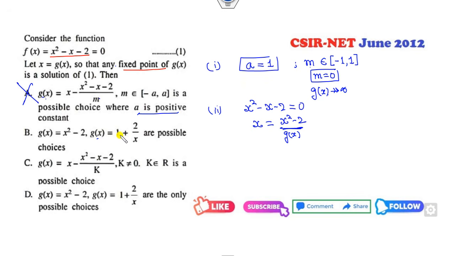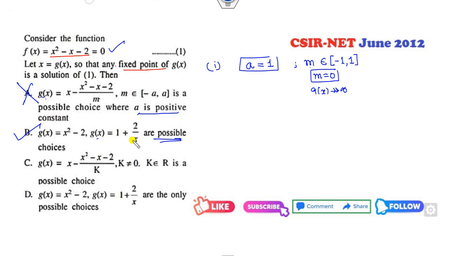Clearly this 1 plus 2x is a formulation of this. Otherwise you can start from 1 plus 2x is equal to x. If you start that, it is x plus 2 is equal to x square, which is the same equation as this. So yes, these are the possible choices. As I told you initially, there are so many choices, so one of them will be this point.